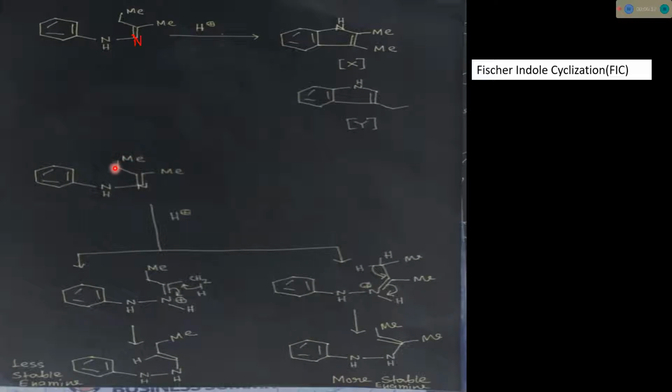From this CH2 group one hydrogen will break and neutralize the positive charge on nitrogen and form this enamine kind of moiety, or you can say this whole ene-hydrazine.